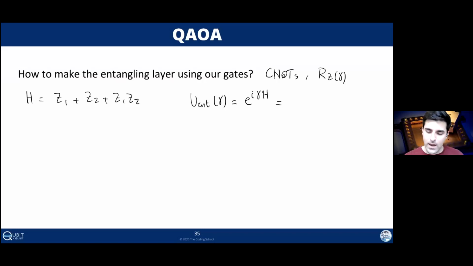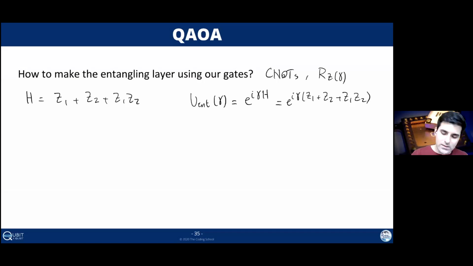If I'm expanding H here, I'm going to have e to the power of i gamma times Z1 plus Z2 plus Z1 times Z2. Now, here's something that I have to emphasize that is a very nice property of the QAOA ansatz, and that is that all these Z's commute with each other. Since they're the same Pauli operator, the order in which you apply them doesn't matter.